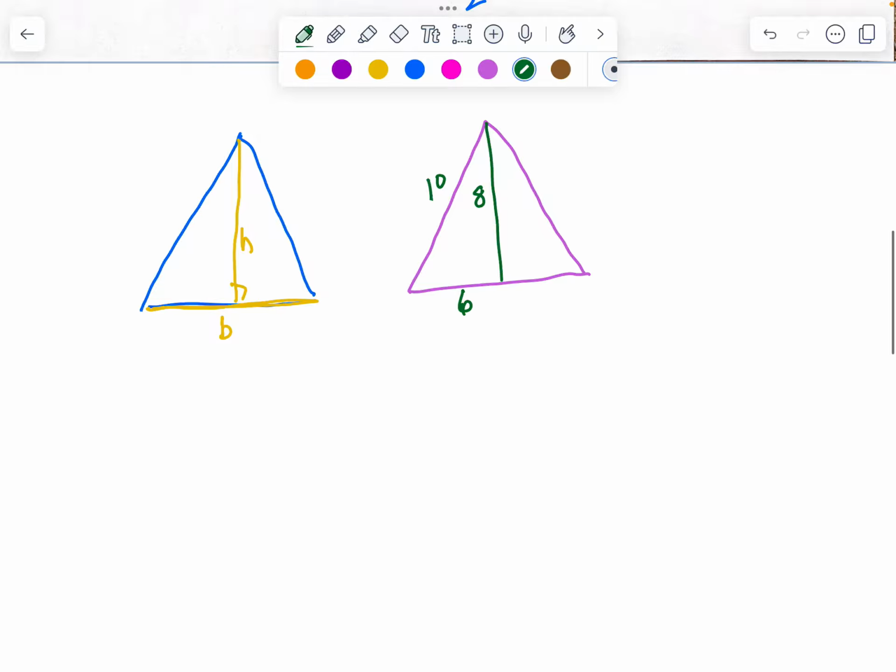You would know that this is 6, and then this entire piece is 12, so it's 1/2 times 8 times 12. Be on the lookout for that. Please do not use the 10 in your area, because bases and heights in figures for areas always have to be perpendicular.